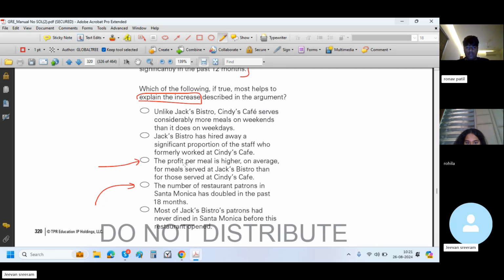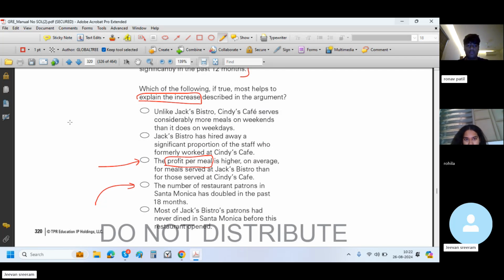You can't say a profit per meal is always representative of more number of sales. Profit depends on the raw material cost and also the cost that the seller sells the product for. So the raw material cost might be the lowest, and the cost he sells the product might be the highest.